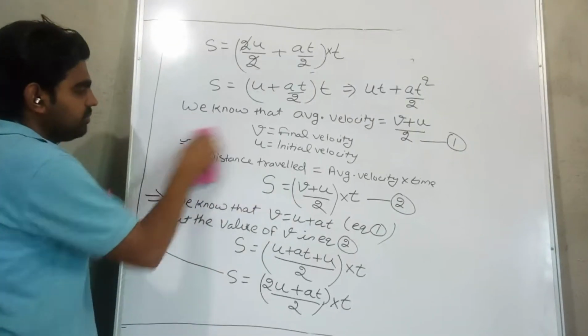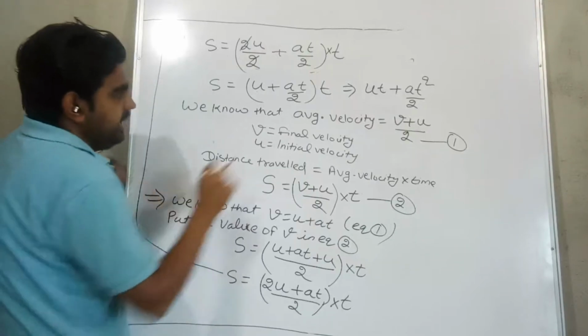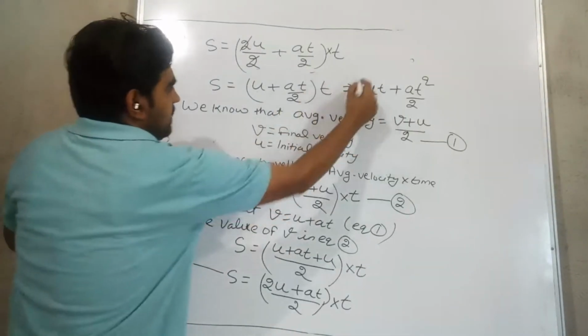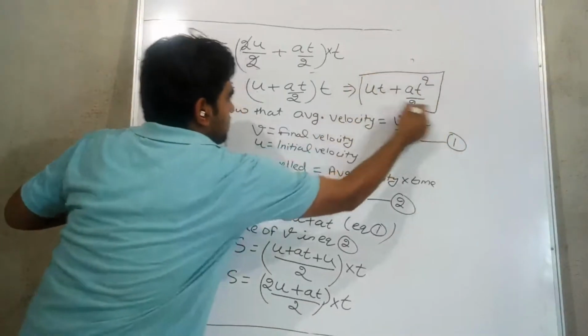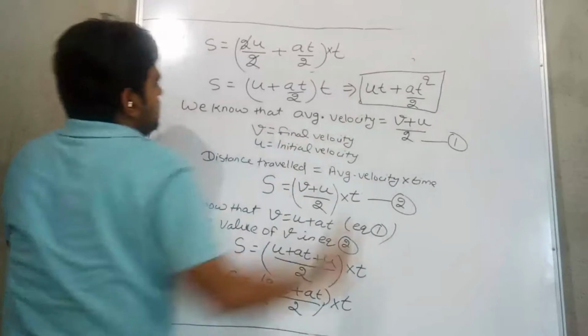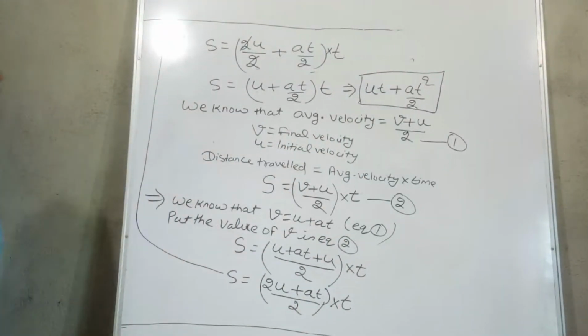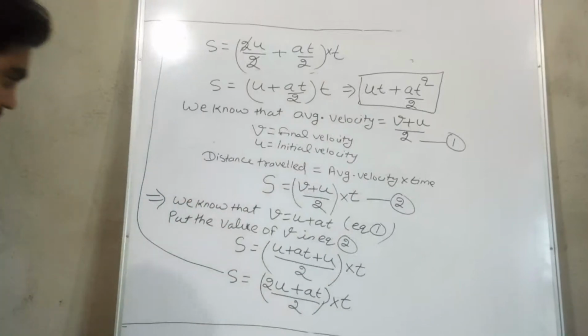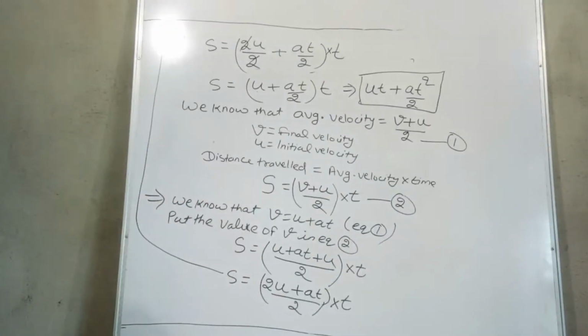Clear? Now at square upon 2, so this is the equation. s equals ut plus half at square. This is the final equation. Clear?